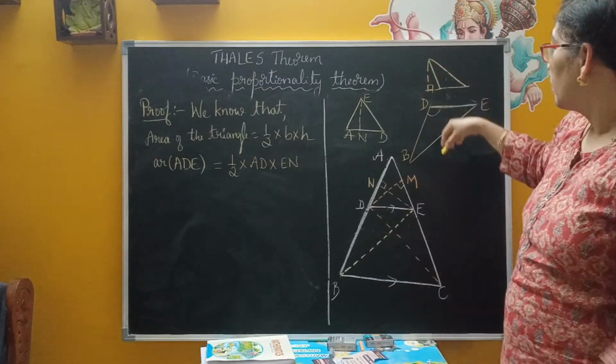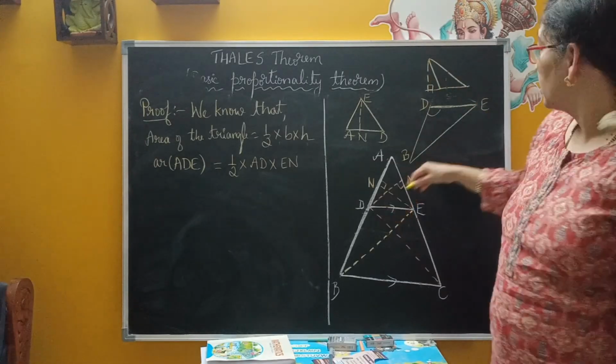Draw the perpendicular from its opposite side. So this is the height we get.